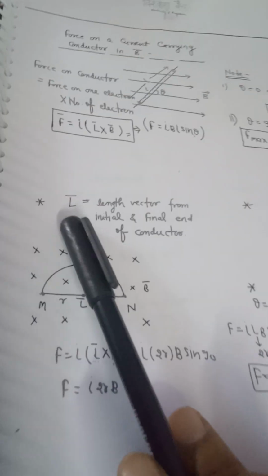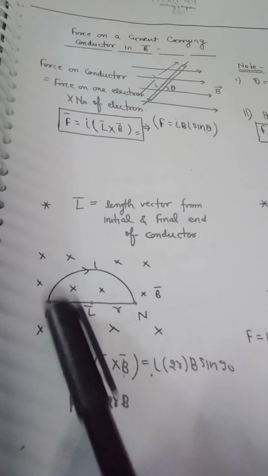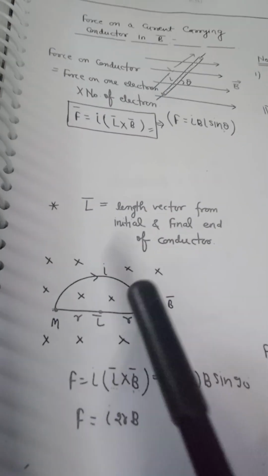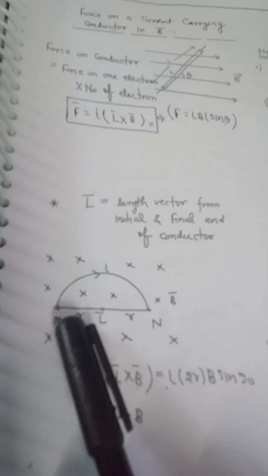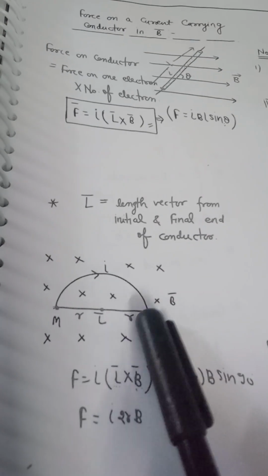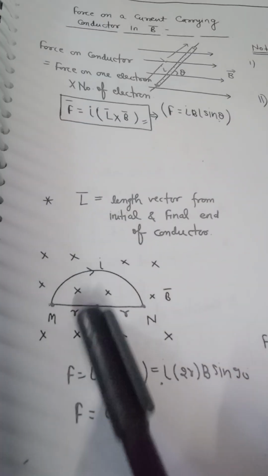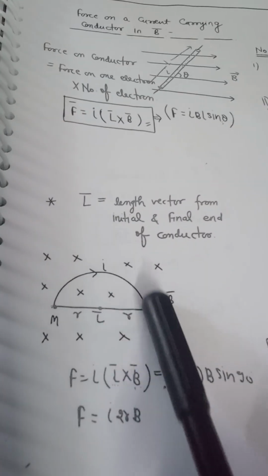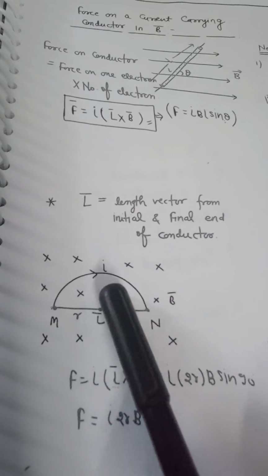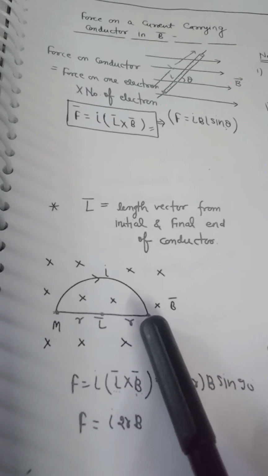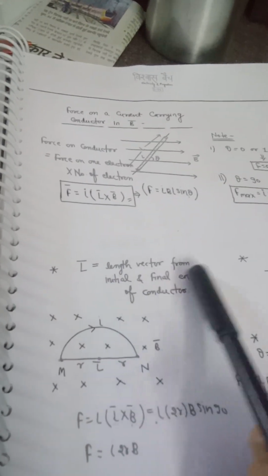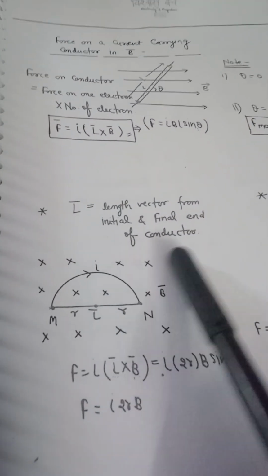So this is another circuit. Here the magnetic field is in the inward direction and it is a wire of length L with a radius of R. So it is hemispherical. The length vector is taken from the initial to the final end of the conductor.